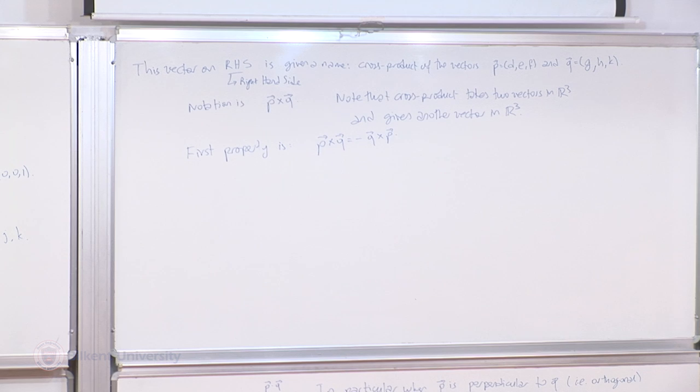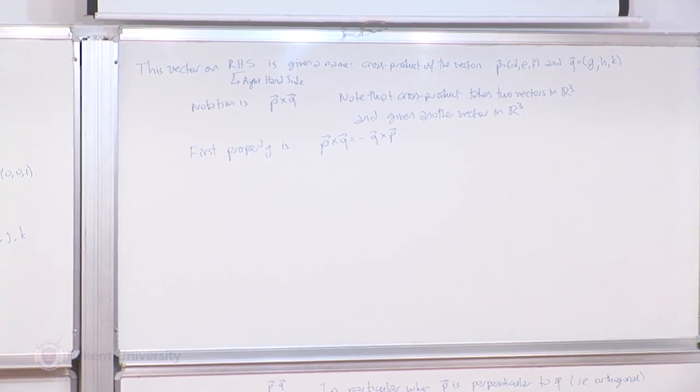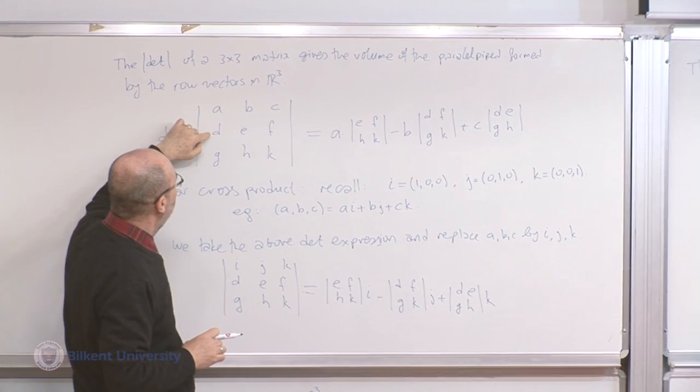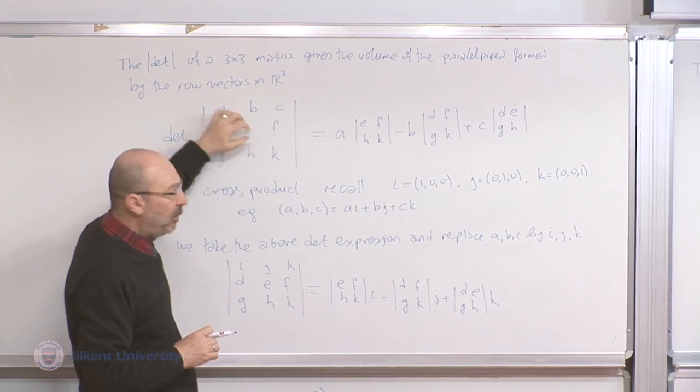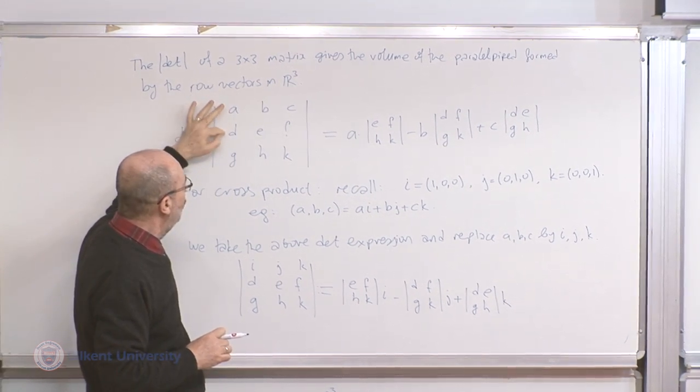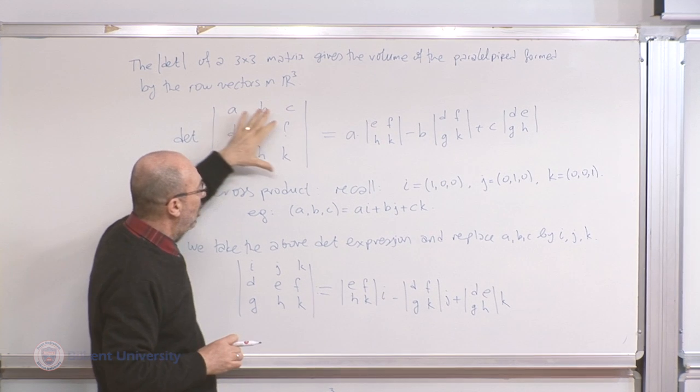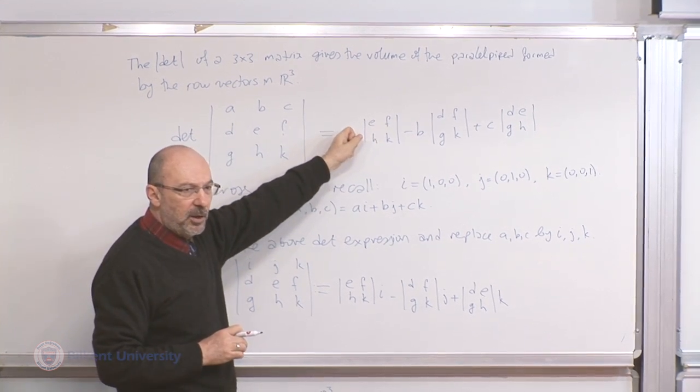So why do we obtain such a vector? What does it give us? It again follows from this property. If instead of A, B, C, I write D, E, F, for example, then in this matrix I'll have two rows the same. So the result will be 0.